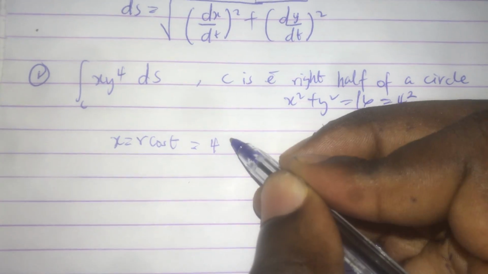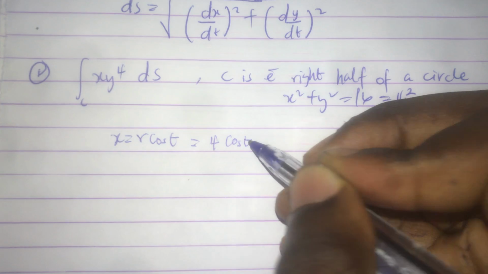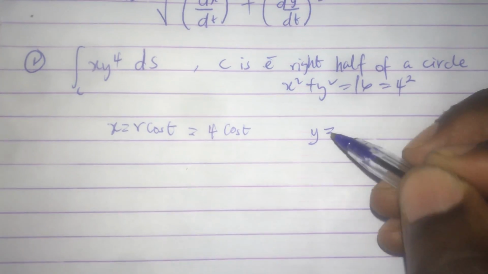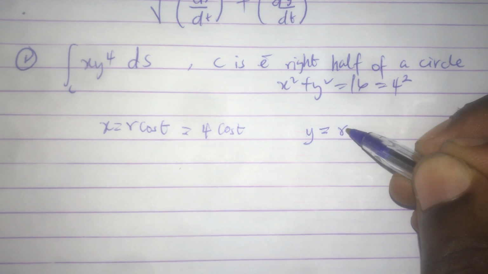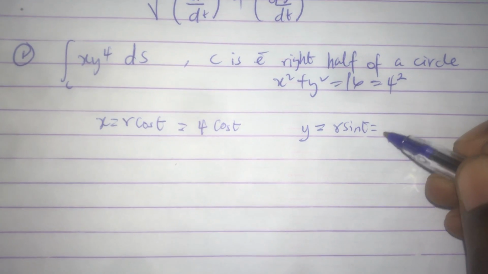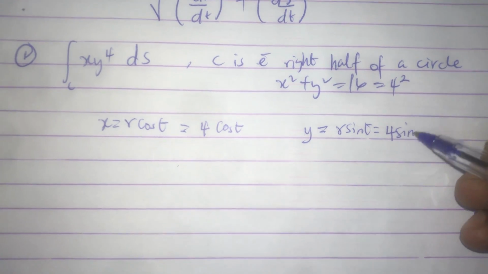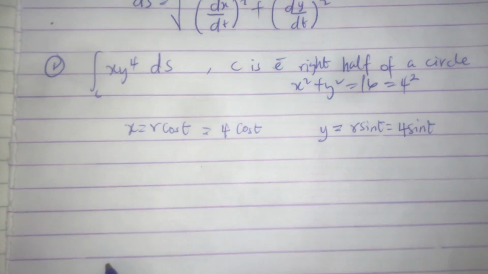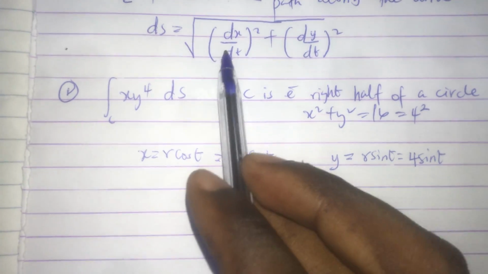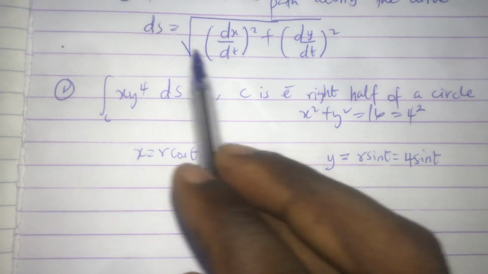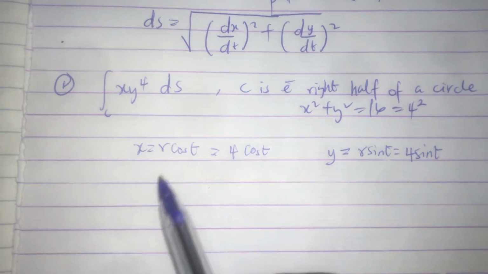So 4 cos t, and y is equal to r sin t, which is equal to 4 sin t. Now we must find dx/dt and dy/dt, so that we can insert that into the ds function to find our ds.